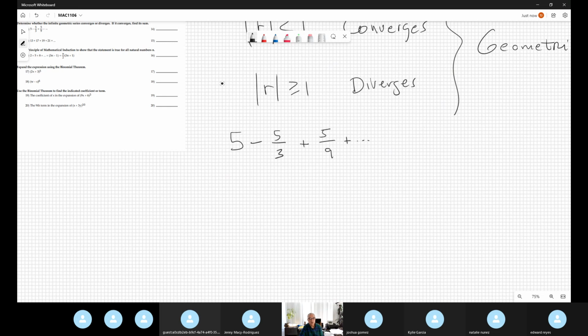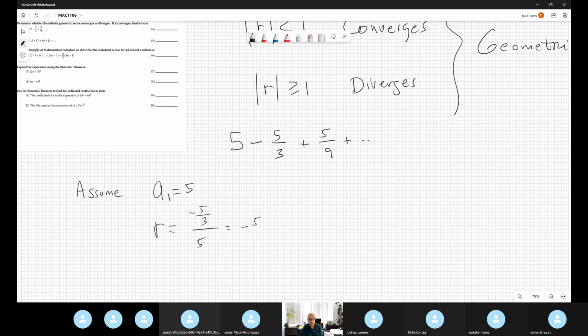Okay, let me try. Si I assume que es geometric, es obvio que A1 es 5. And the common ratio would be the division, this divided by this. It's negative 5 over 3, don't forget the sign, divided by 5.